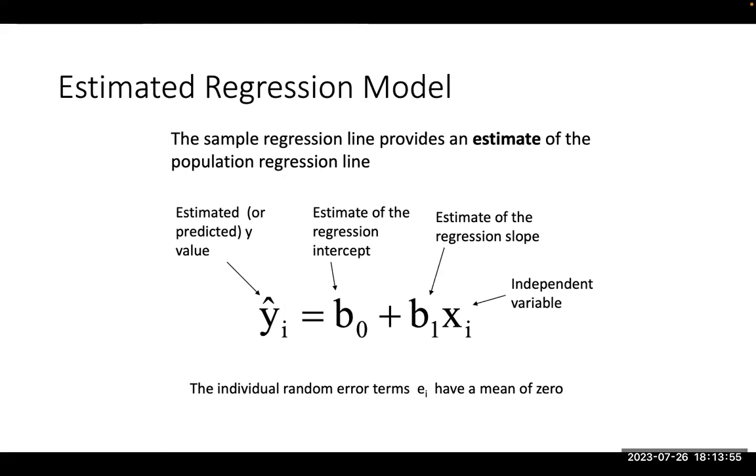When you have a model, you can utilize this model to predict values. If you have an estimate of the intercept and an estimate of the slope, and you have an individual x, you can predict your dependent variable utilizing the regression function. So we are talking now about estimates of the intercept, estimates of the slope, and then estimates of the predicted y.